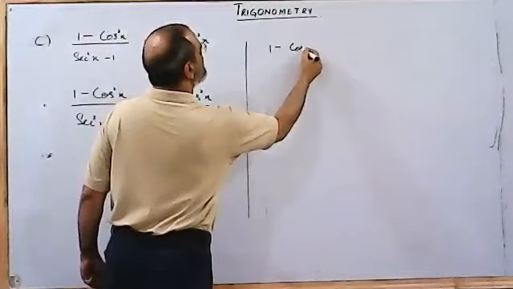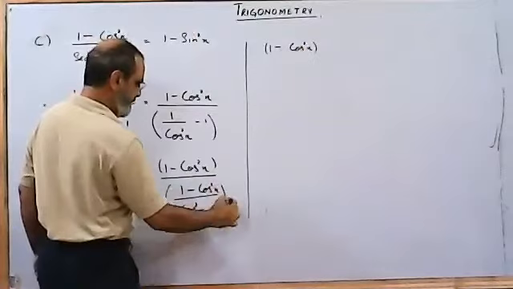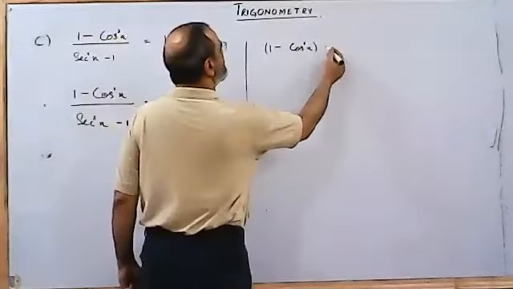Dividing by the denominator means multiplying by its reciprocal, cos square x over 1 minus cos square x. These two expressions cancel, and we're left with cos square x. Now I have simplified it completely.